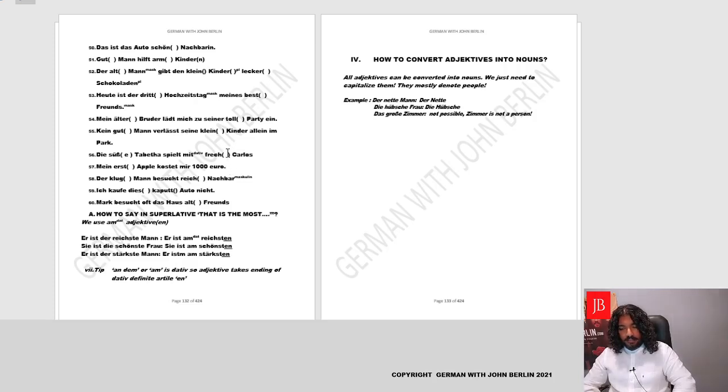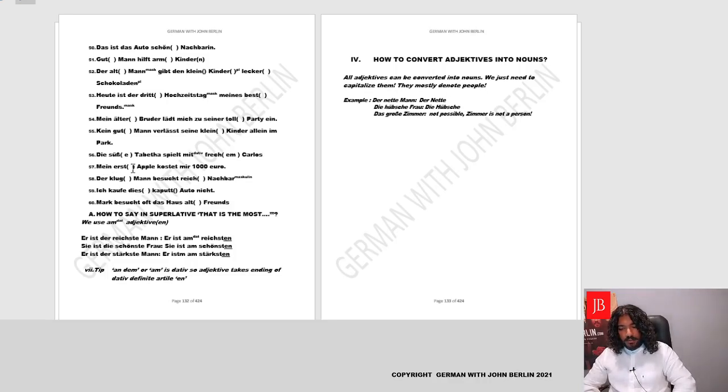So we'll go to dative masculine in the kein article table, which borrows the ending of the definite article dem, so the ending is em. So die süße Tabitha spielt mit frechem Carlos. So the sweet Tabitha plays with naughty Carlos.